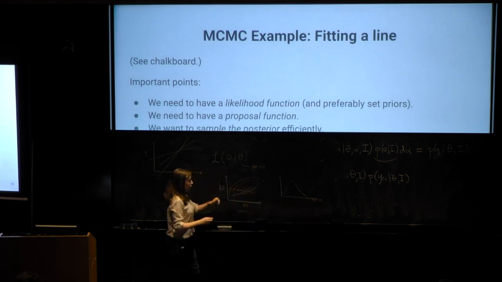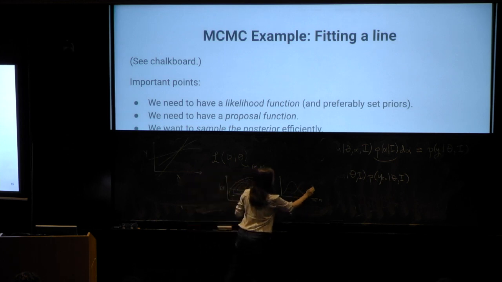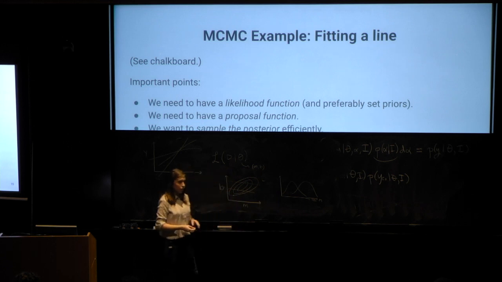But this isn't all of the information or the complete PDF of M, because if we had chosen a different value of B up here, we would be slicing through this instead of this, and so we'd end up with a distribution of M that looks like this.